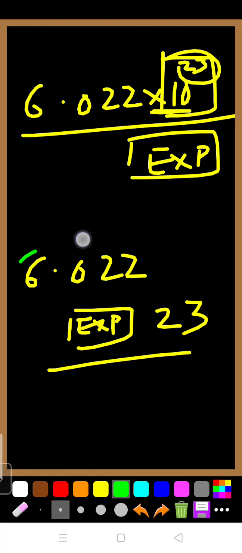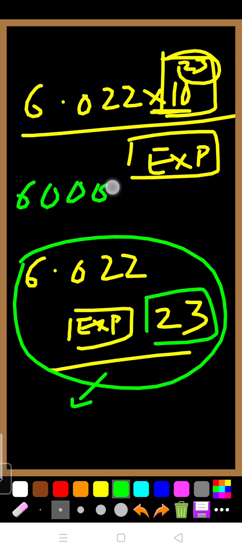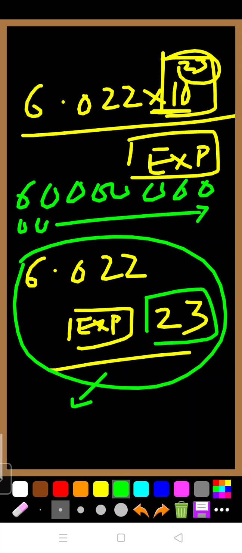Now this quantity, 6.022 exponent 23, is a huge number. It means 23 zeros after the 6 in effect, so it's a huge quantity of particles in 1 mole of any substance.